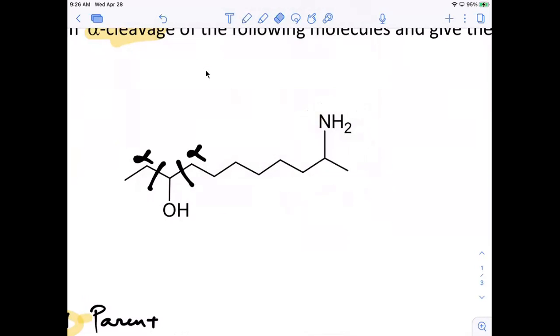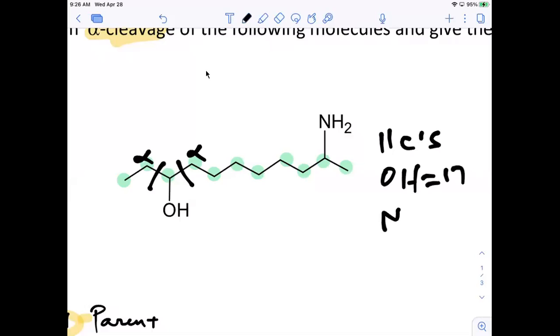Let's see if we can total this up too. 1, 2, 3, 4, 5, 6, 7, 8, 11. So 11 carbons. You have an OH, I'm just going to add up the OH, that's 17. And then NH2, that's 16. So we're just going to keep those intact.